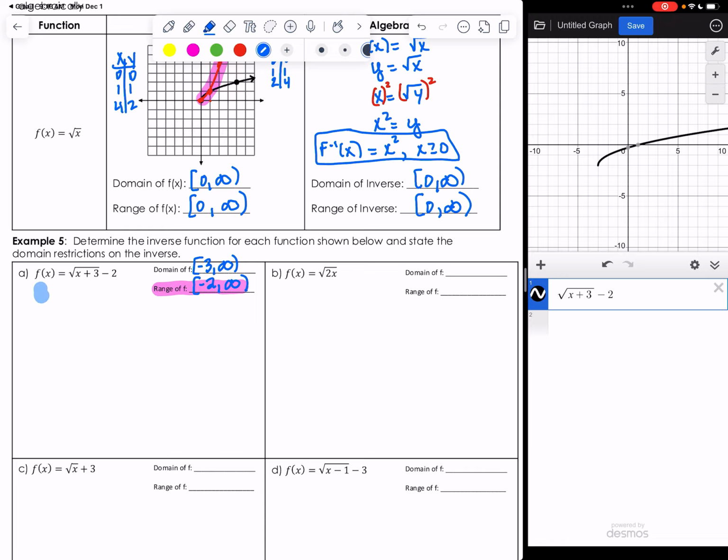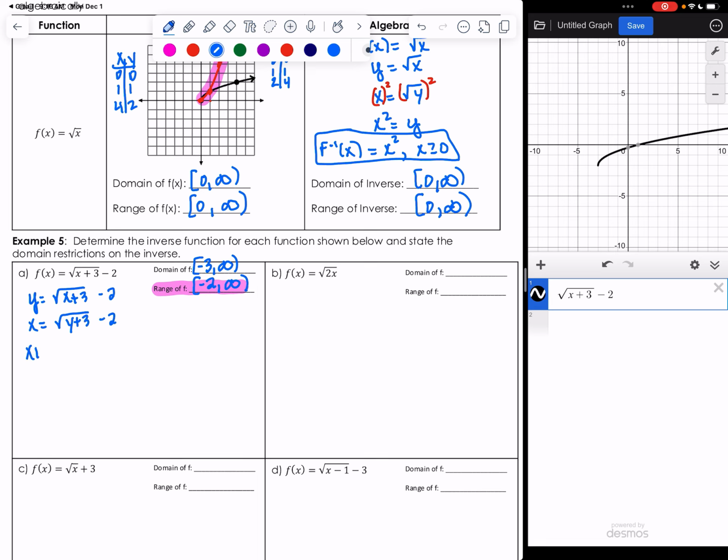So I'm going to replace the f of x with a y. So y is equal to square root of x plus 3 minus 2. Then I'll switch the x and y. So x equals square root of y plus 3 minus 2.